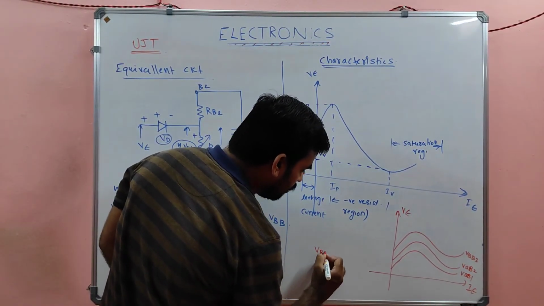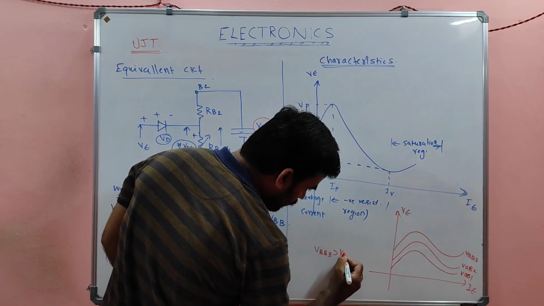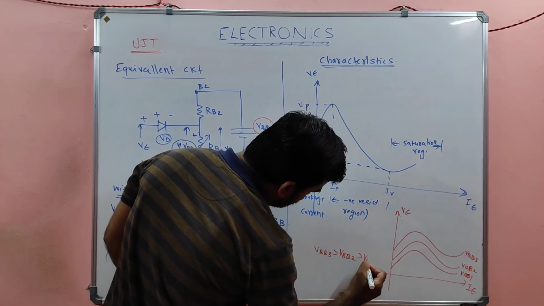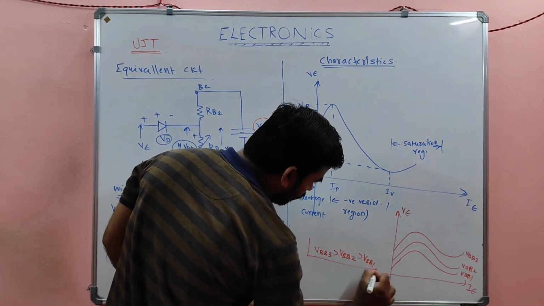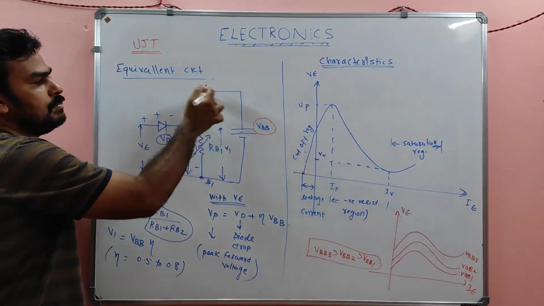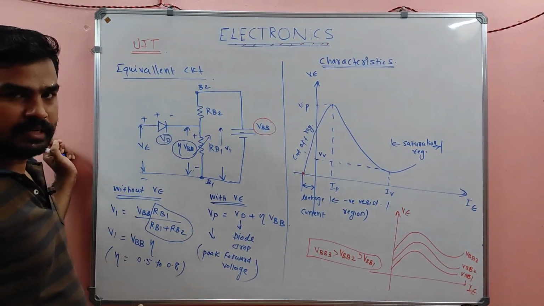Where VBB3 is greater than VBB2, which is greater than VBB1, when we are increasing the reverse biasing voltage here, what happens, my dear?